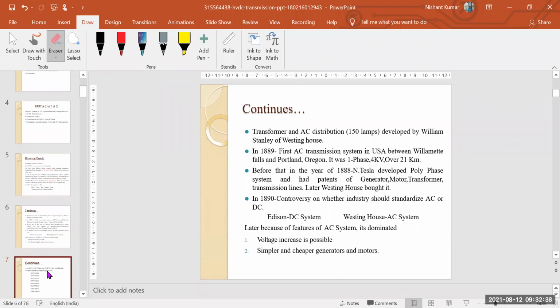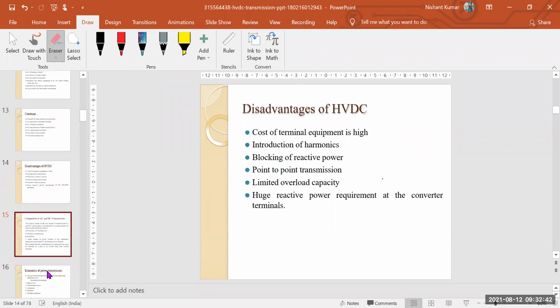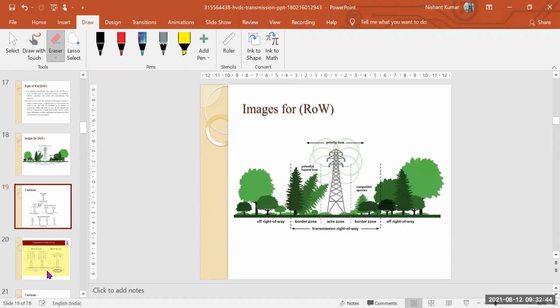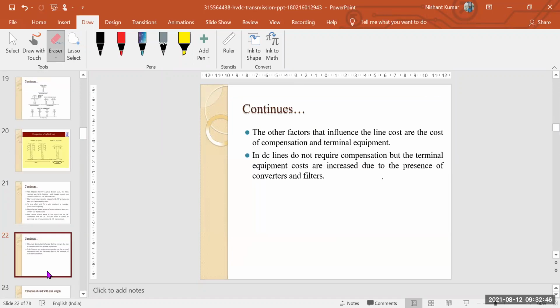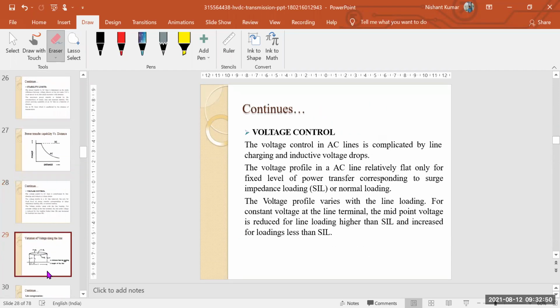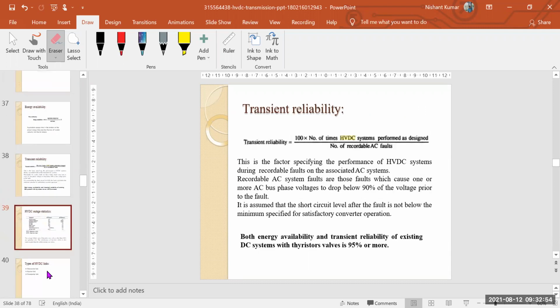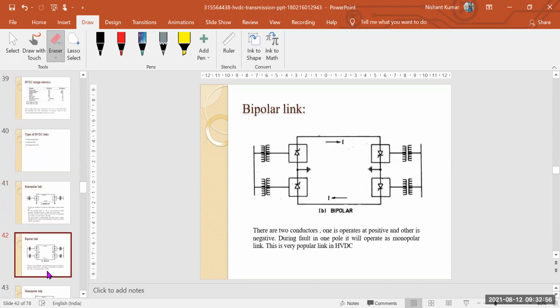There was a small confusion about bipolar, right? Let's get it in this segment, if I got it wrong. There are two conductors. One operates as positive and the other as negative.